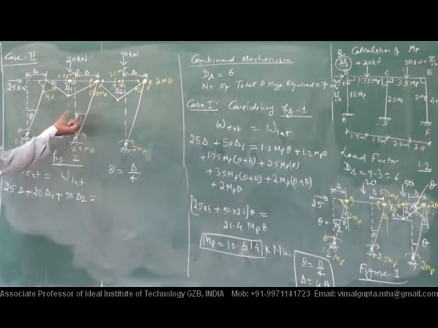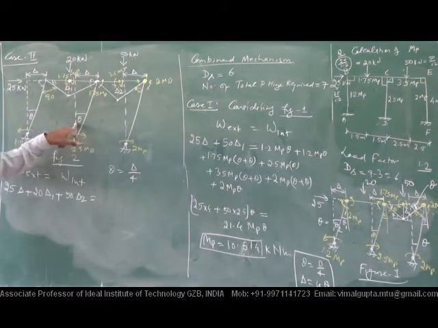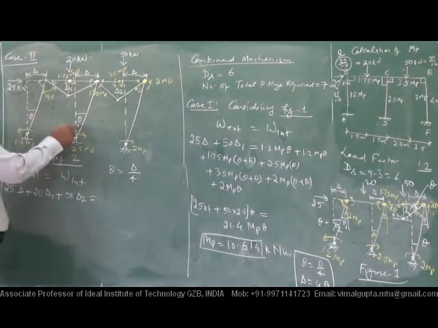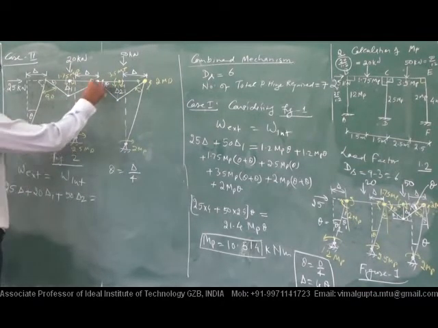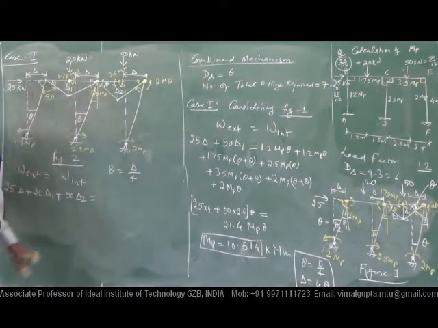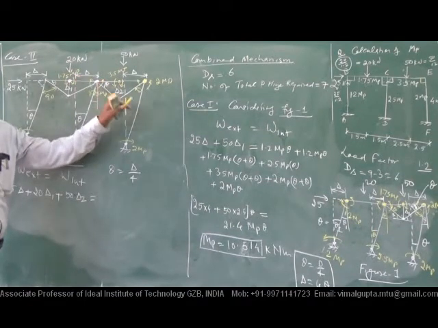Here this angle will be del by 4, so it will be the same, and then that value will also be the same, because rotation is according to the joint mechanism. Clear to everybody? According to joint mechanism.